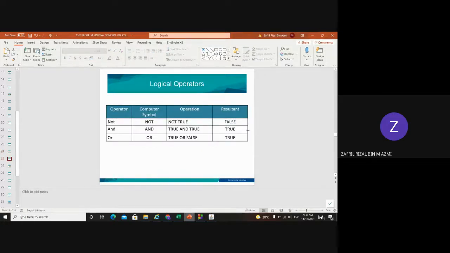Logical operators last. Only three. We have not. Not will give an opposite value.